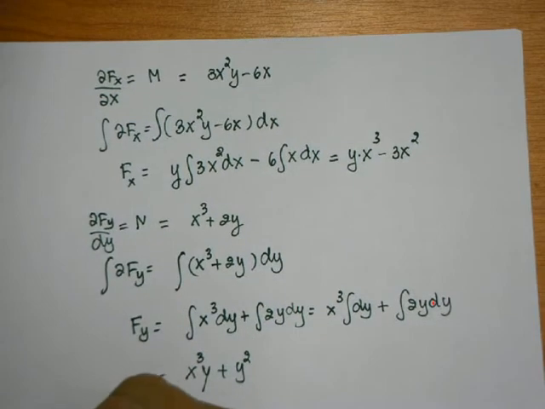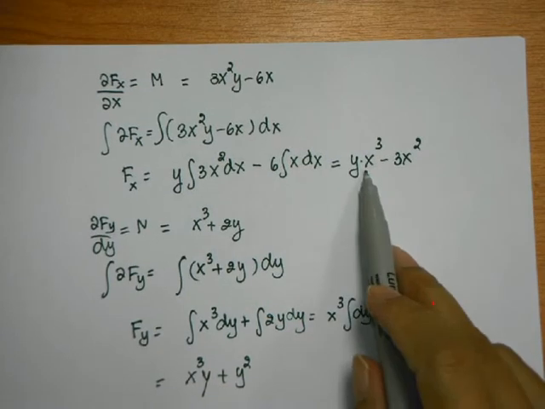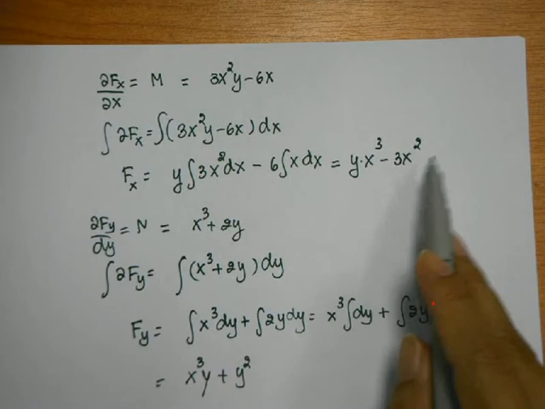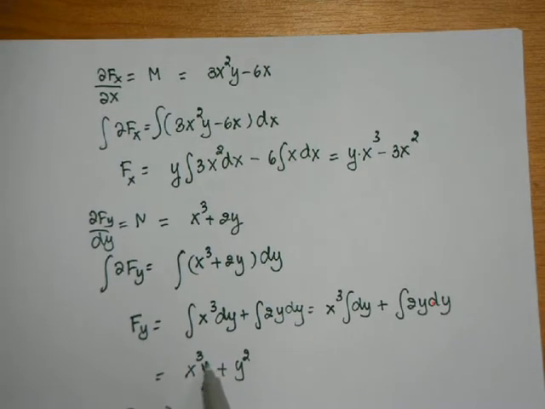Now, you do f_x union f_y, which is equal to f(x,y). You know your f_x is x to the power 3 times y minus 3x squared, and your f_y is equal to x to the power 3 times y plus y squared.